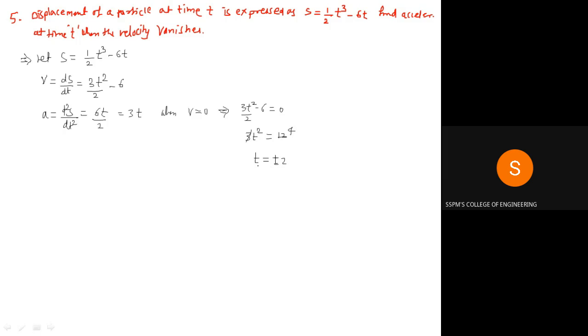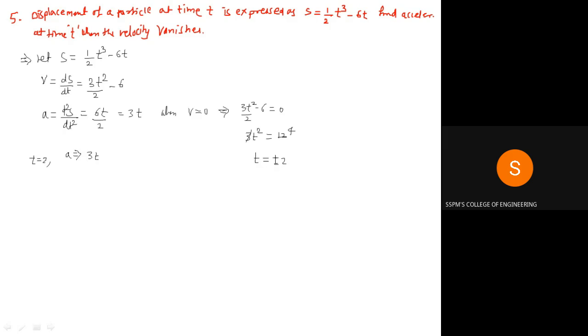So from this you take the time t as 2, not t as minus 2. So at time t equals 2, what is the value of acceleration? 3 into 2, it is 6.